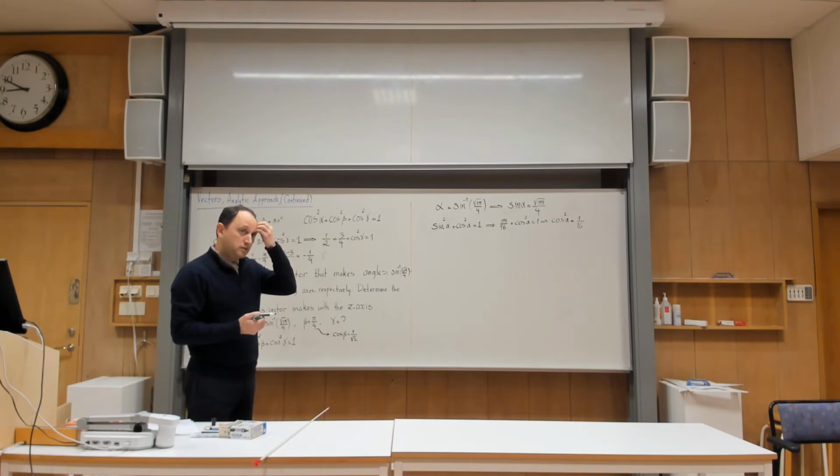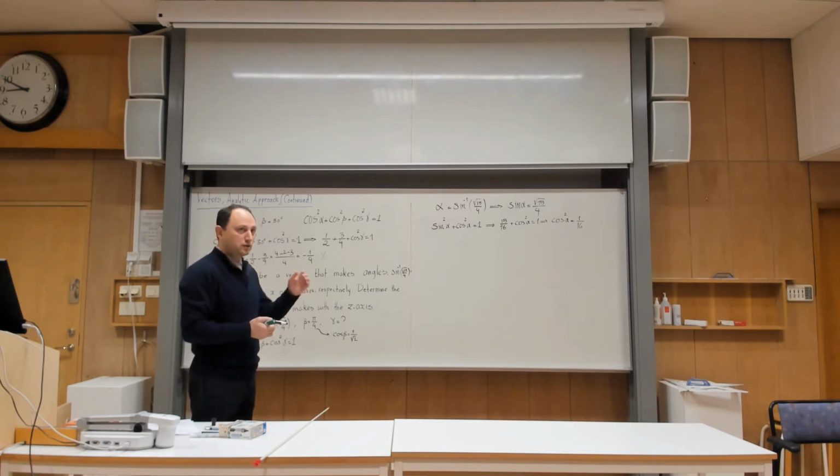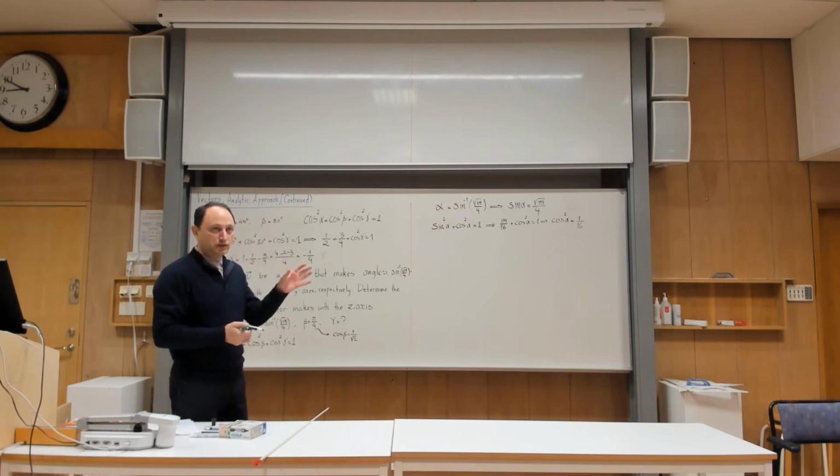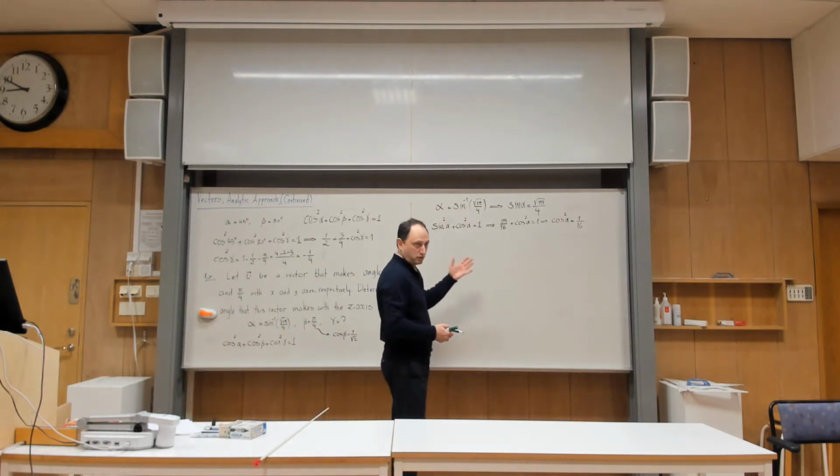So I can say that alpha in principle is from 0 to 180. So either it is in the first quadrant or the second quadrant, yes? So it will not be in the third quadrant.